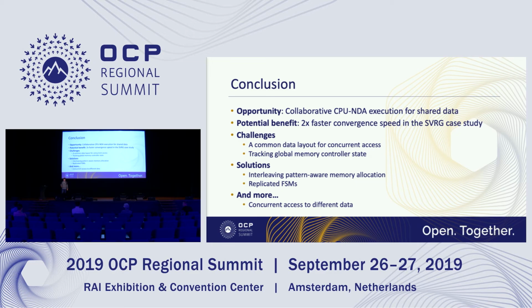The main challenge to enable this collaborative execution is that we need a common data layout for concurrent access, and we need to efficiently track the global memory controller state. I solved it with interleaving pattern-aware memory allocation and replicated FSMs. There was also another study about concurrent access to different data.